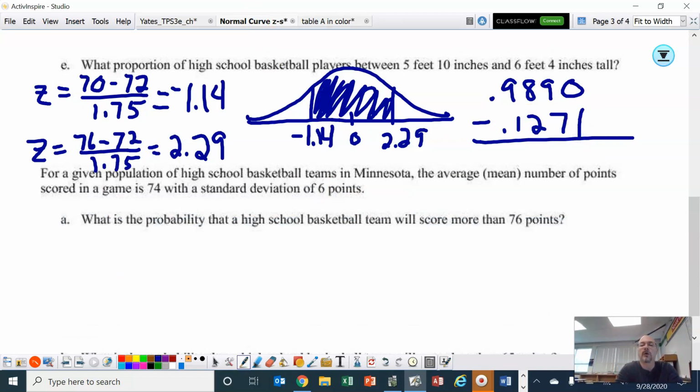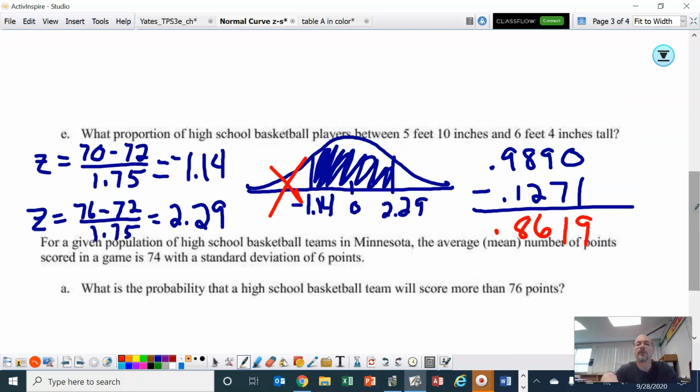Okay, so I'm cutting this part of the tail off because that 0.9890 goes all the way to the left, but I got to cut that off. So 0.9890 minus the 0.1271, and I find out that that area is 0.8619.